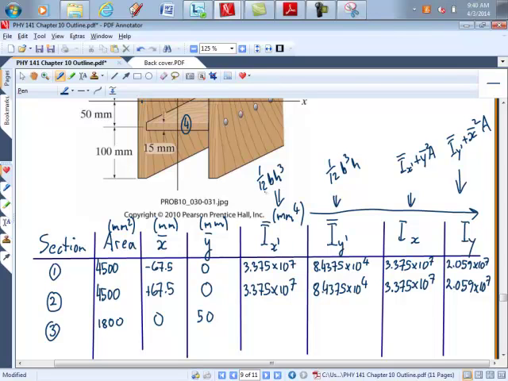So we would calculate the 1/12 base times height cubed. This time the base is 120 and the height is 15. It's going to be a lot smaller. 3.375 times 10 to the 3.